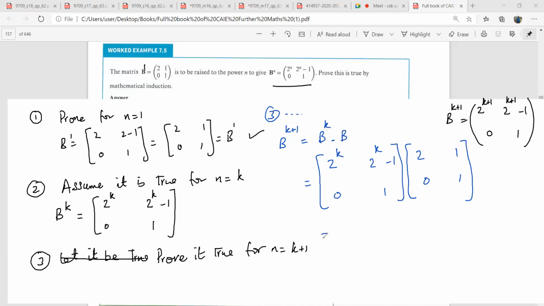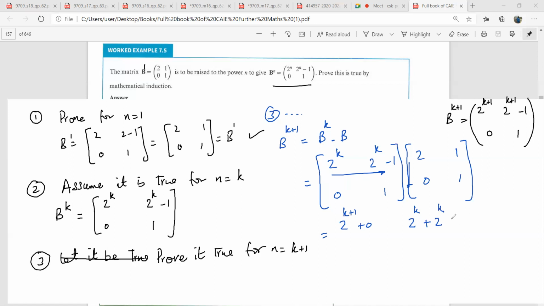Okay, when we multiply this, the rows into the columns, this is going to be 2 raised to power k plus 1 because the bases are same. So this is going to give us this. And then all of this multiplied by 0 will give us 0. Then the next one is 2 raised to power k plus this plus 2 raised to power k.